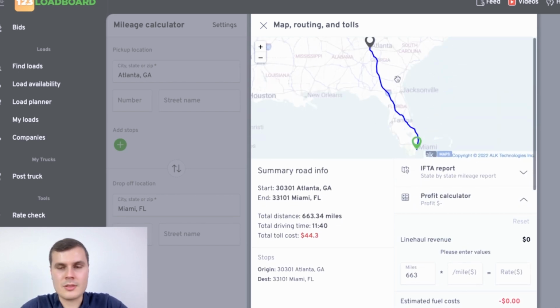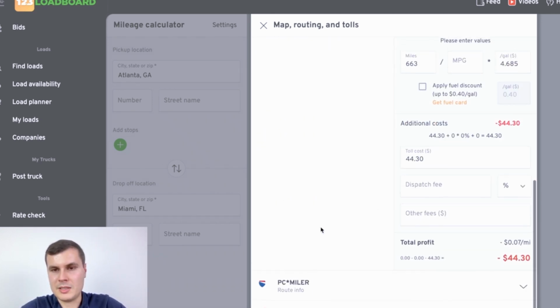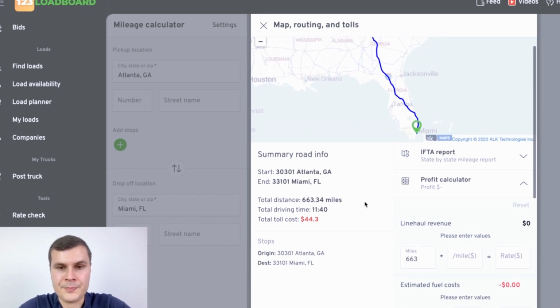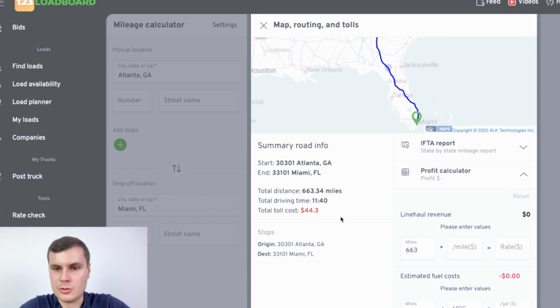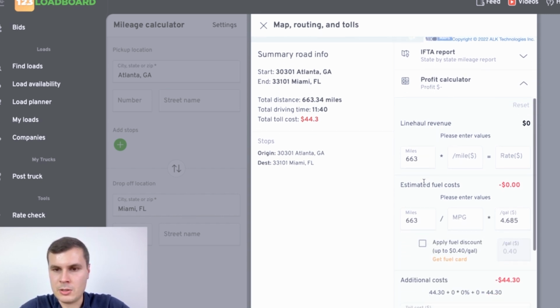So the routes in this map will be specific for trucks, and if there are some roads that an 18-wheeler truck cannot go to, Google Maps will not show that to you, but PC Miler will. So this is actually a great tool to double check your routes, your mileage, and your toll cost. And then once again, they included the profit calculator in here as well, so you can also do the profit calculations.